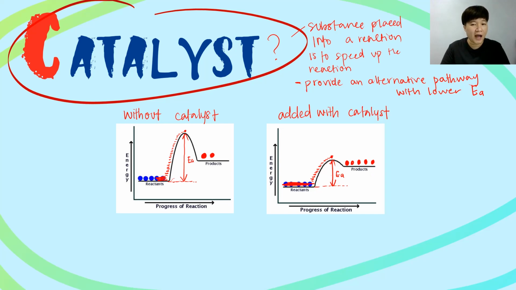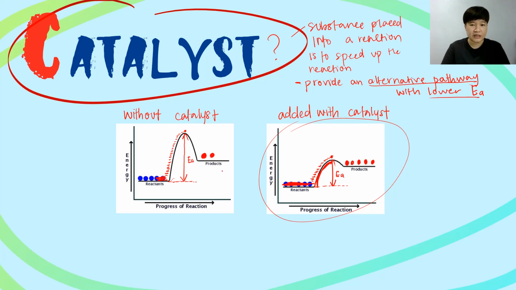Since we have the highway over here and a shorter road, all of the reactants can achieve the activation energy and change into product. So can you see the function of catalyst over here? That is what we call an alternative pathway with a lower activation energy. You can see clearly in the graph.